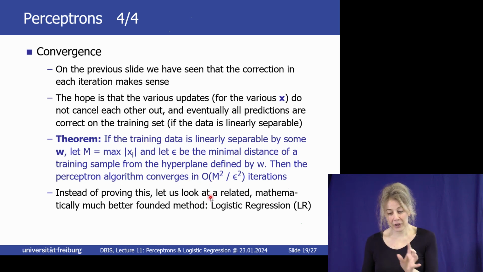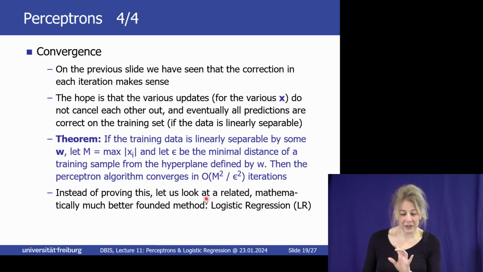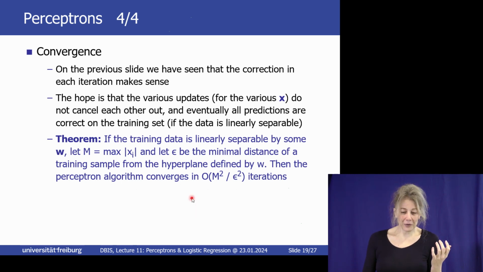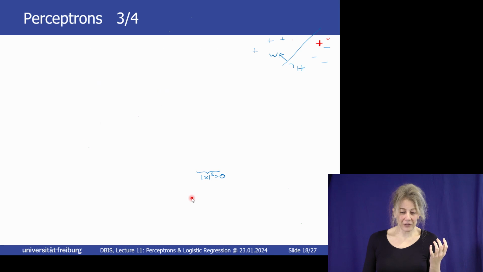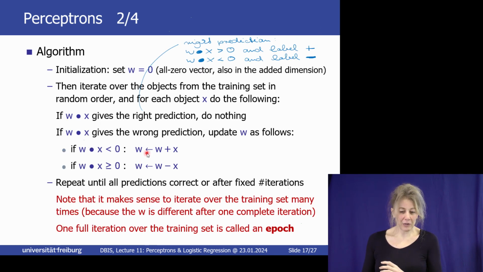We will now look in the last part after the break at a more principled method, logistic regression. And this is also interesting on a meta level. It's like I'm coding something and think, oh, let me just try this, and oh, it works. There's an intuition for why this works, but it isn't very principled.